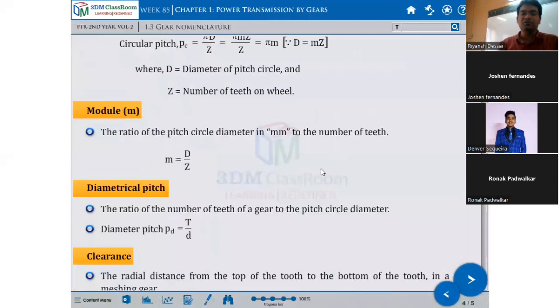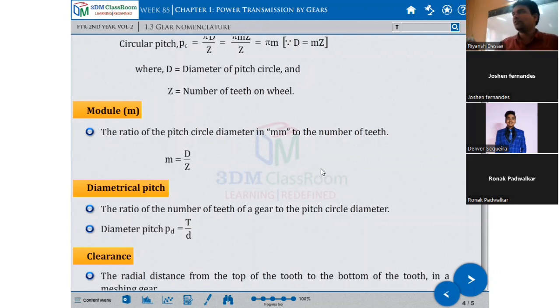So module is the ratio of the pitch circle diameter in millimeters to the number of teeth, so m is in mm. Don't get mixed up. That is m equals d upon z, where d is the pitch circle diameter and z is the number of teeth.